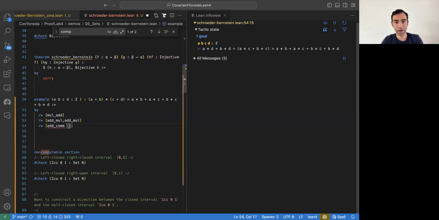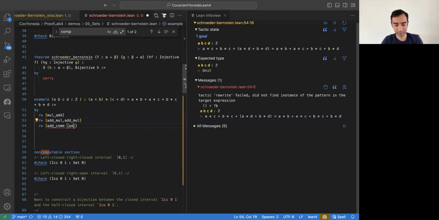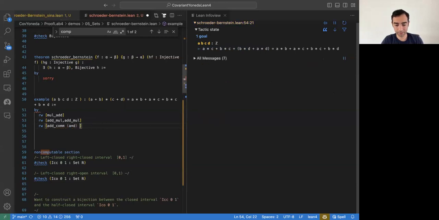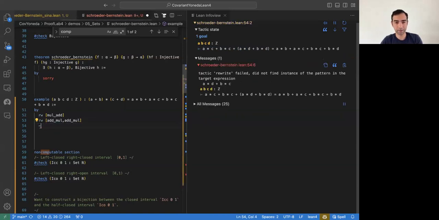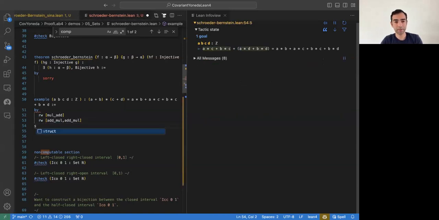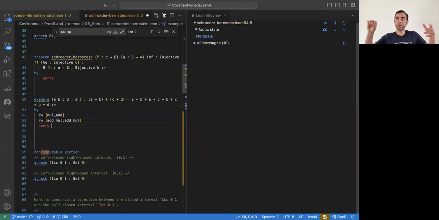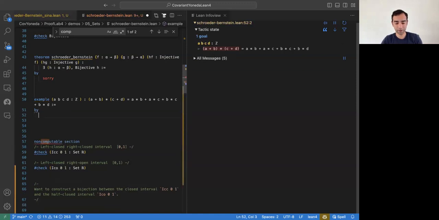So you can say, I want to rewrite A times D and maybe B times C or something like this. But it will be something complicated because we have to go through all these expressions and see where we want to use commutativity. So that's why I try to avoid these things and just write by ring. It should work.